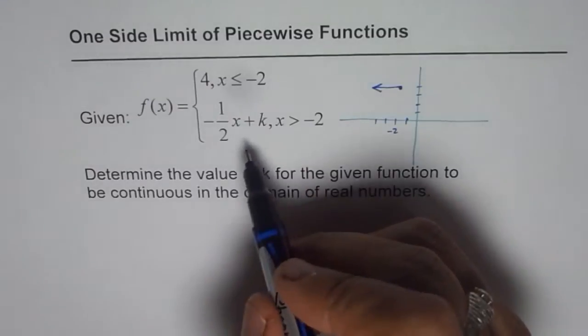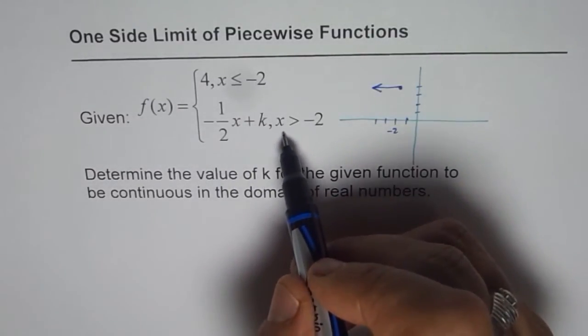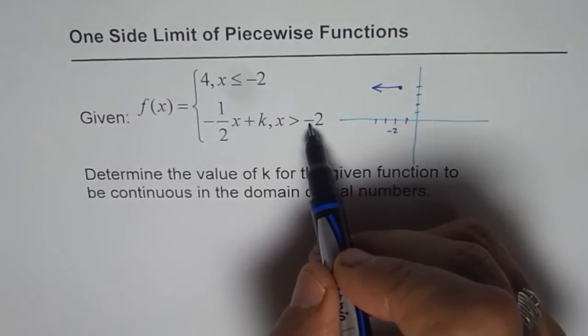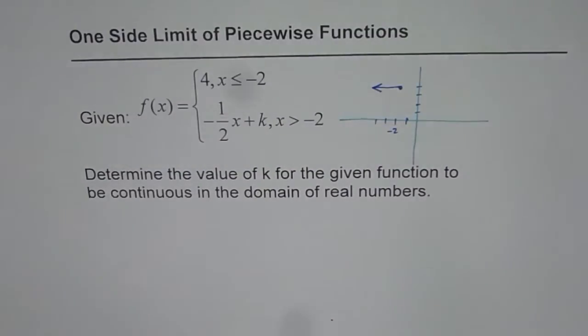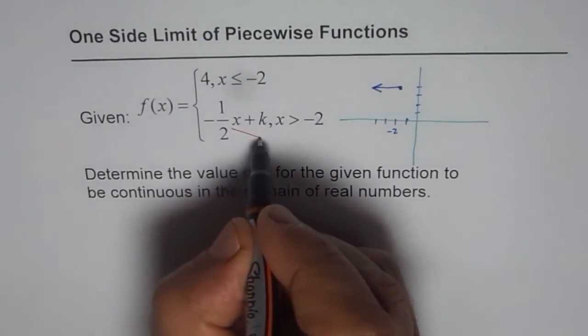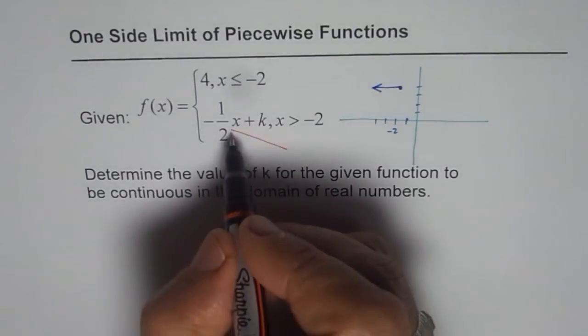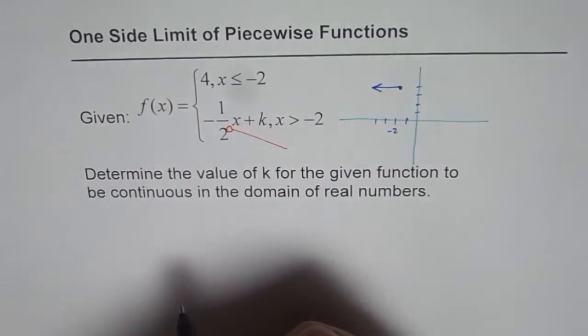The next piece is that the function is minus half x plus k for x greater than minus 2. Now that is a straight line with a negative slope. So this line is kind of like this. Greater than minus 2. So that means at minus 2 we must have a hole.